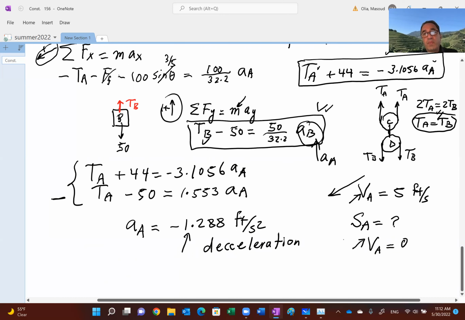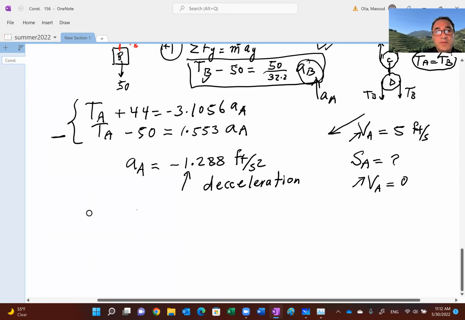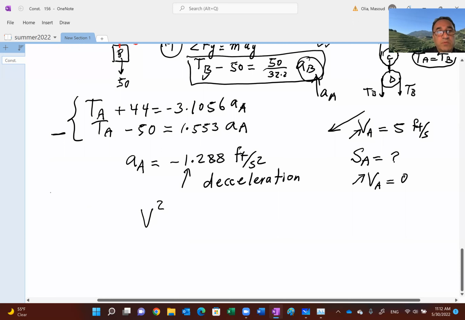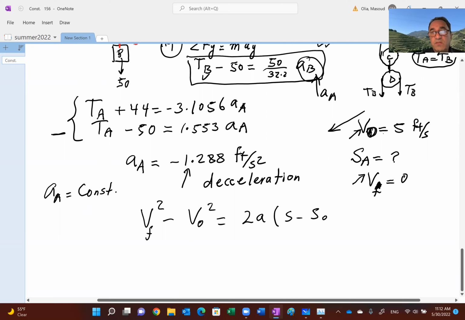Okay? Since this is a constant acceleration problem, one of the easier equations, remember, acceleration of A is constant. V squared minus V0 squared, where V0 is the initial velocity and V is the final velocity, equals A times S minus S0. So S0 we say is 0 when the speed was 5 feet per second.